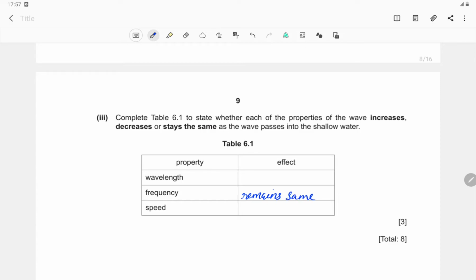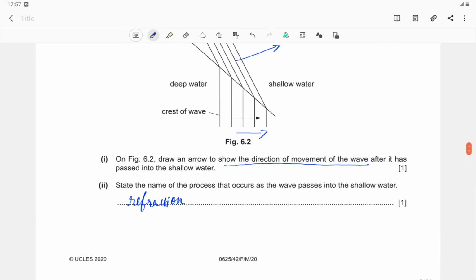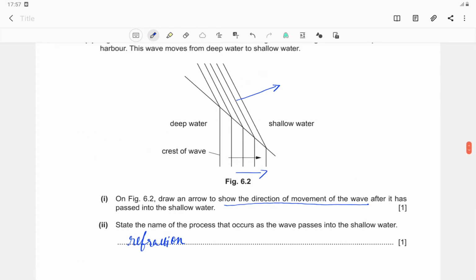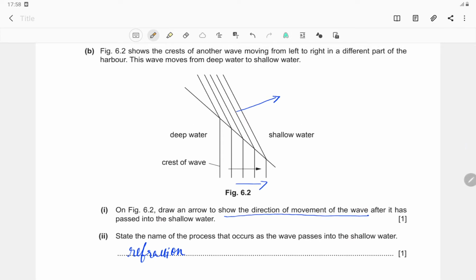Next, what will happen to the wavelength? Let's look at the figure again. As a water wave is moving from deep water to shallow water, you can see what happens to the lambda or wavelength. Wavelength is nothing but the distance between two consecutive crests, and this part represents the wavelength of water wave in deep water, and this distance represents the wavelength of water wave in shallow water.